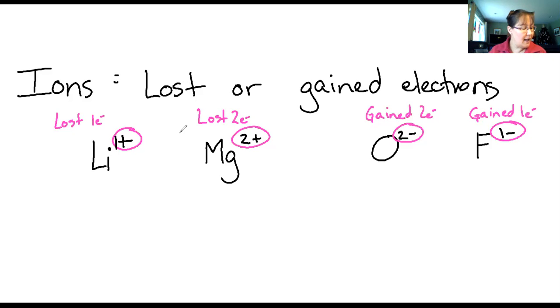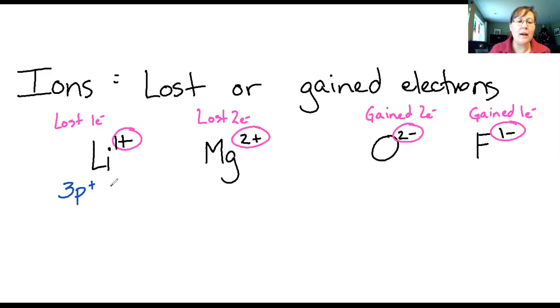Okay, so let's take a look at our periodic table. And again, I'm not always going to toggle back and forth, so make sure during these lectures that you have your printed periodic table next to you. Okay, so first of all, here we have lithium, and I look at lithium on here and I see that it is number 3. So because of that, I know that it has 3 protons. Now let's say that we've lost 1 electron here.